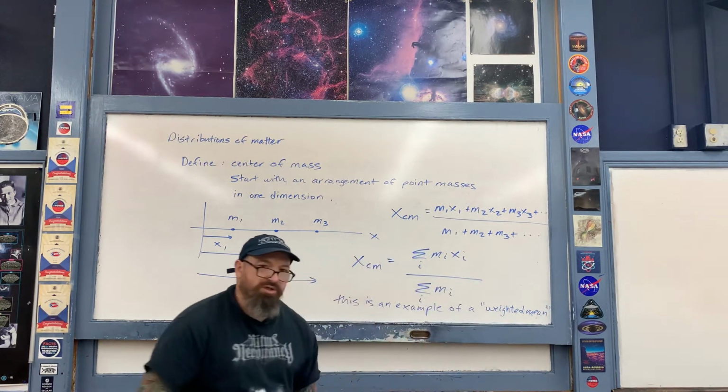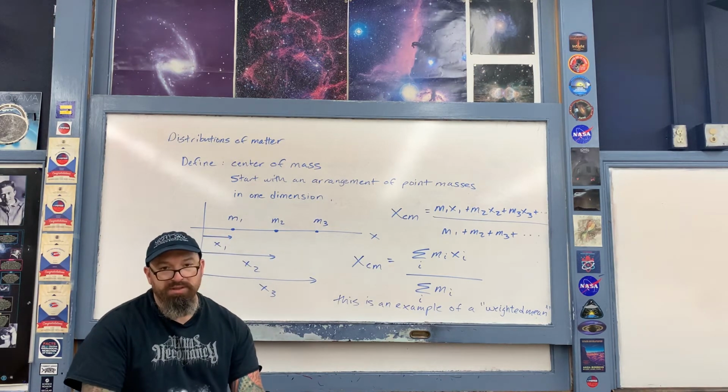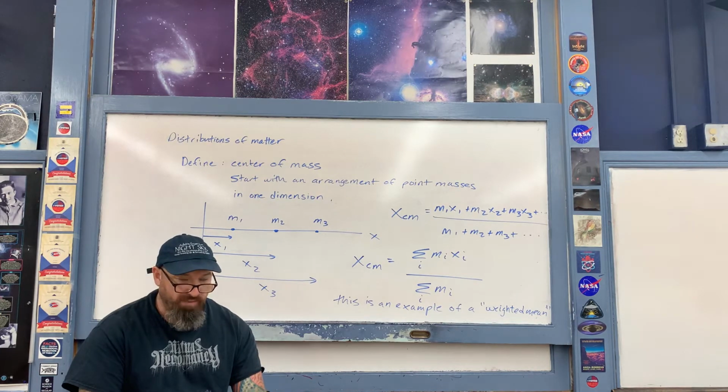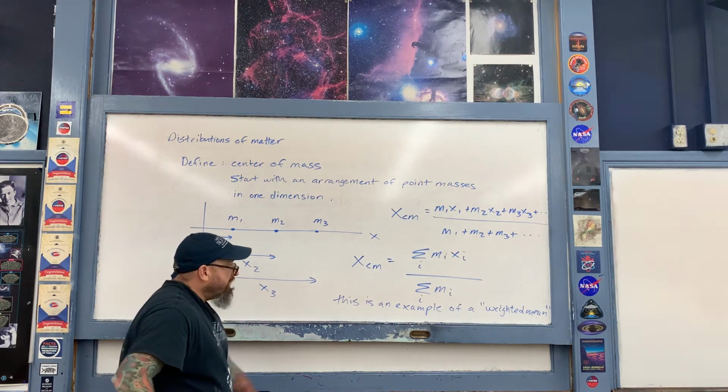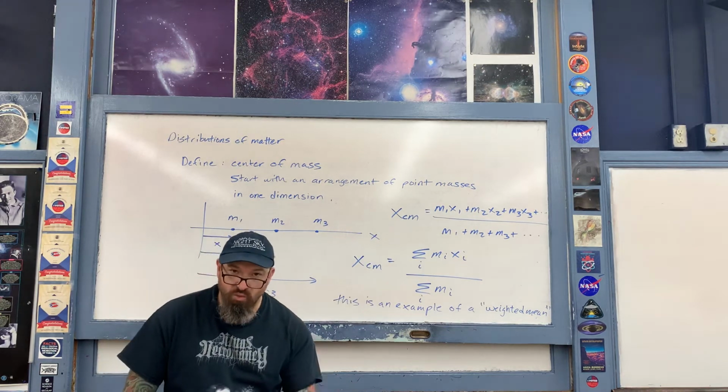Now, if you don't have much experience in statistics, don't worry about it. It's not important for our purposes, but the center of mass actually is an example of what is called a weighted mean. Okay, now this is how we write the position of the center of mass for a series of point masses in one dimension.